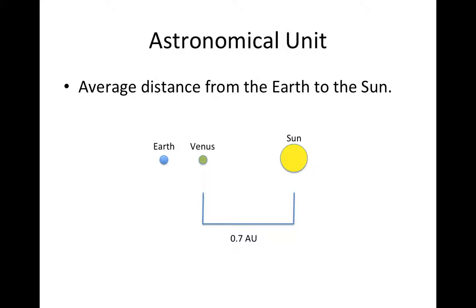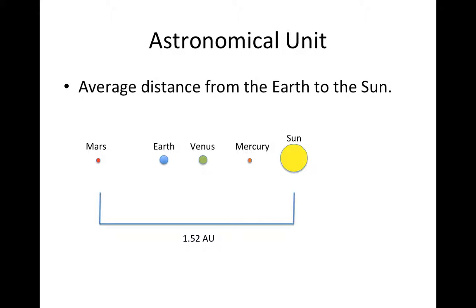Okay, but the astronomical unit is very useful for measuring things within the solar system. So for example, astronomers knew the planet Venus is around 0.7 astronomical units. So it's a little closer to the Sun than the Earth. All right. The planet Mercury is 0.39 astronomical units from the Sun, so quite a bit closer to the Sun than the Earth.